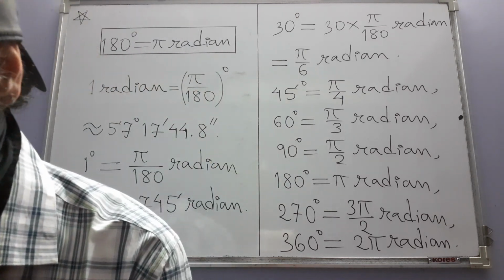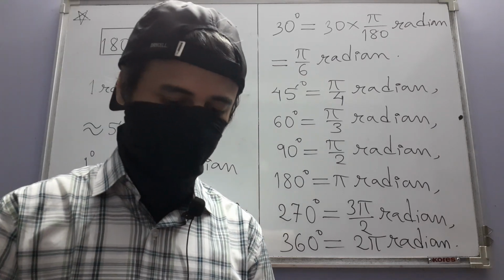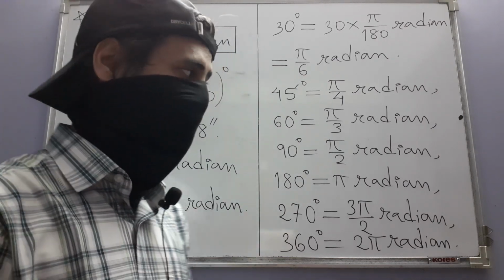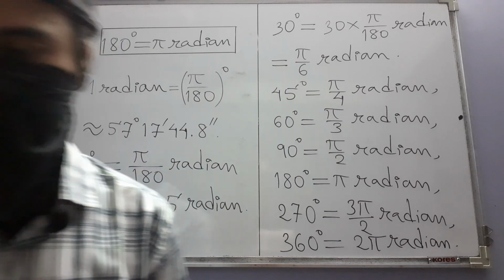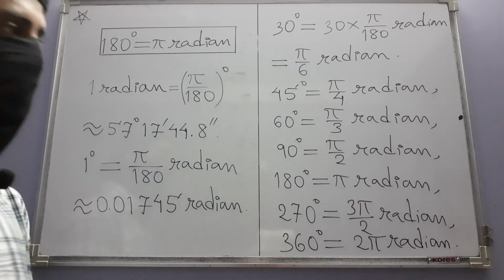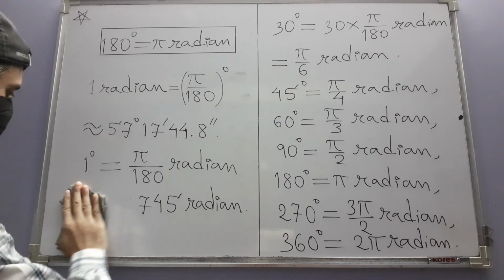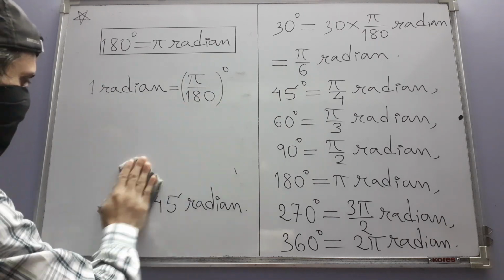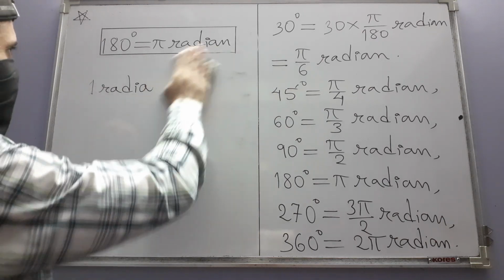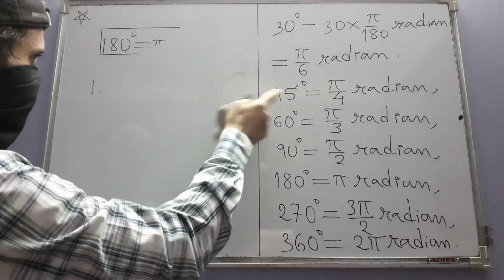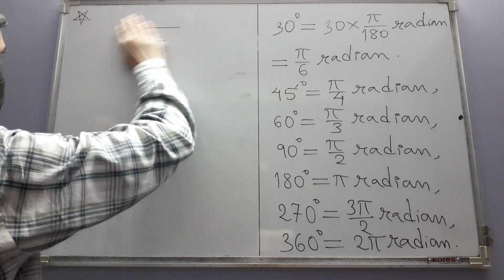Now there is a notational convention which sometimes we use while writing angles in radian measure, and the convention is that we do not write radian. In other words, say I want to write this equation, say 45 degrees equal to pi over 4 radian.